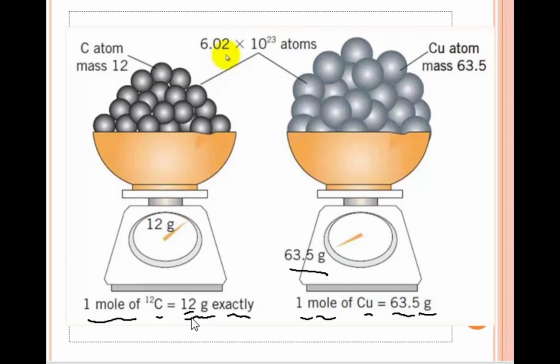But these are exactly for 1 carbon atom, equal to 12 AMU, atomic mass unit. For 1 mole, it's equal to 12 grams for the carbon, and for the copper, 1 mole of copper atoms is equal to 63.5 grams.